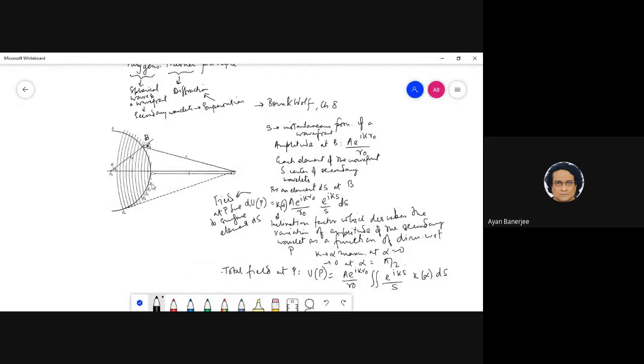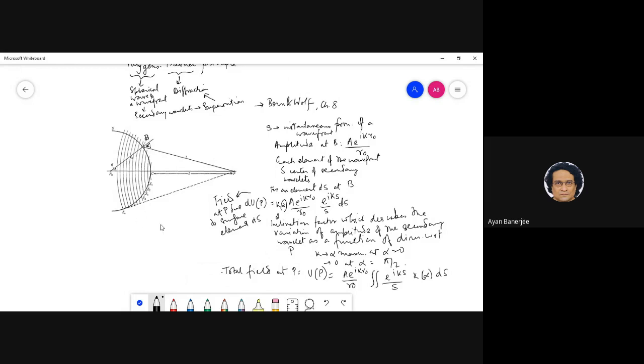Think of this, Hitesh. Each point of this spherical wavefront is varying in distance. That is the main problem of finding the field due to each of the spherical wavelets. So what he does is construct spheres which intersect different points of this wavefront.